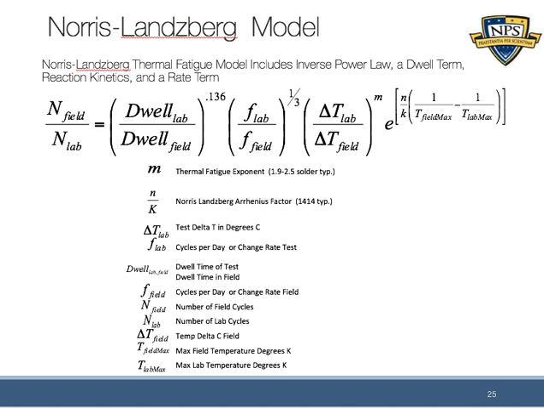So it's not shown directly anywhere in the model. But we have the proportion of number of cycles in here, the dwell, how fast we apply the cycles, we have that proportion in here. The extreme temperatures between the test chamber and the field, we have that in here. It's a very all-inclusive model.